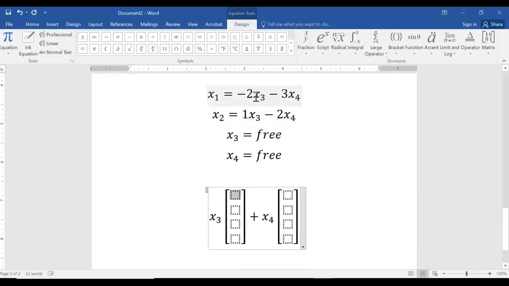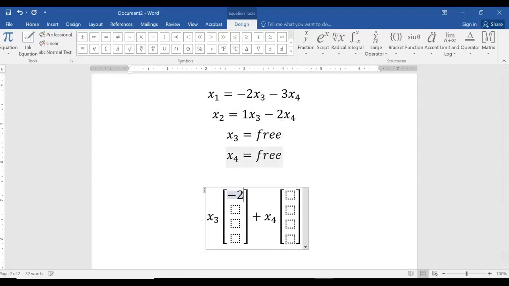Coefficient of x3 is going to be -2, 1, 1, 0. Hopefully that makes sense. -2 is the coefficient of x3 here. 1 is the coefficient of x3 in this equation, the kind of implied 1 out here. And then there's no x3 in this equation.